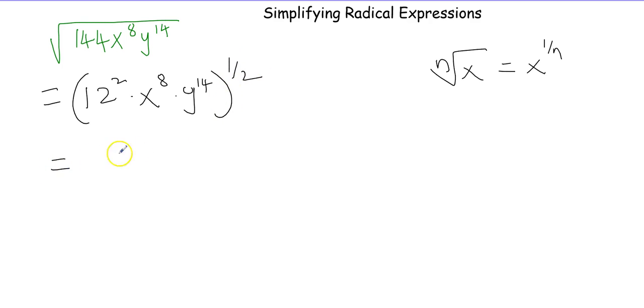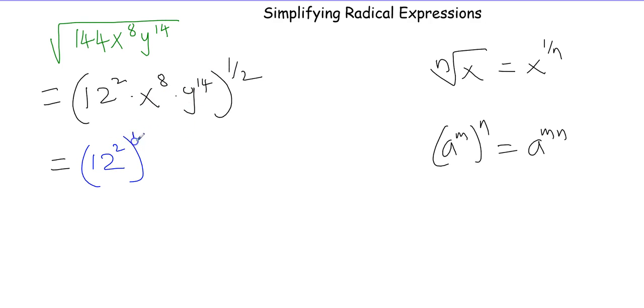That gives me, using the properties of exponents, a to the power of m to the nth power is a to the power of mn, which is now 12 squared whole to the power of 1/2. I'm doing it individually, separating this 12 squared, x to the 8 and y to the 14. So x to the power of 8 to the power of 1/2 and y to the power of 14 to the power of 1/2.